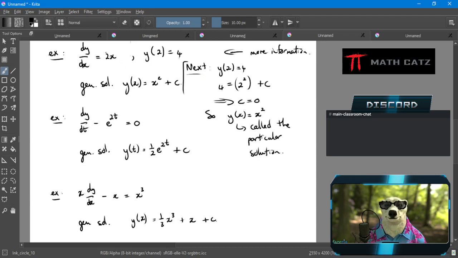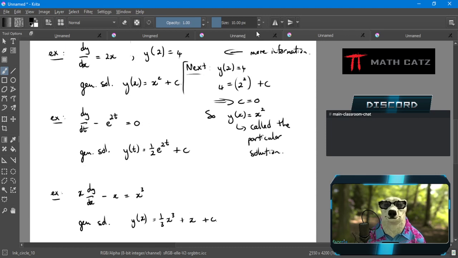So there's a chain here. Find the general solution to the differential equation. If I'm given some more information, then I can find the particular solution. So let's do that for the other two of our three examples.